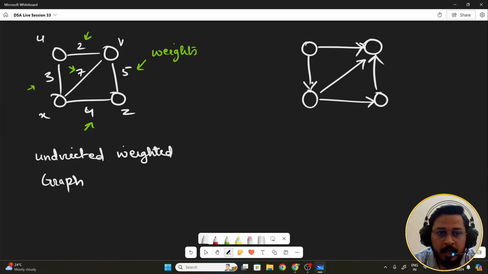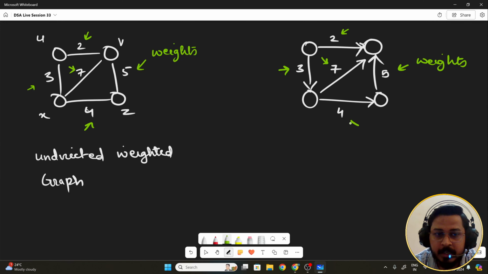Okay. And there are the same weights present over here also. Let's imagine. You can take any random number. I'm just saying. Here, these are the weights. All the numbers are the weights here.